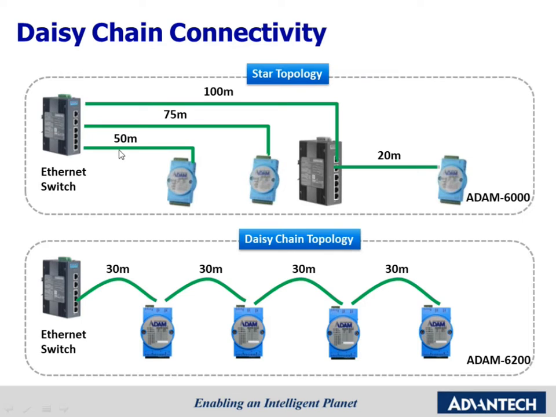And if the distance is over 100 meters, you need another switch to enhance the signal for connecting another ADAM. However, in daisy chain topology, it's easy to connect all ADAM modules simply with the LAN cable. User can save the cost for buying the switch and the internet cable.